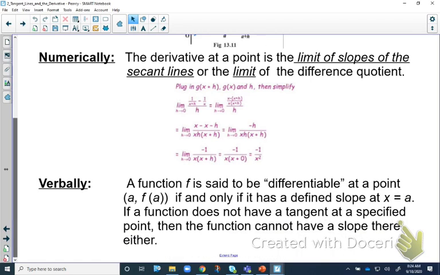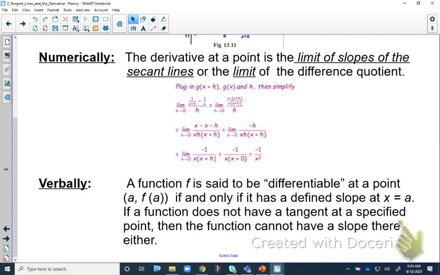And then here verbally, a function f is said to be differentiable at a point a if and only if it has a defined slope at x equals a, which makes sense because we have to have something tangent there. We have to have that slope. If a function does not have a tangent at a specific point, then the function cannot have a slope there either.